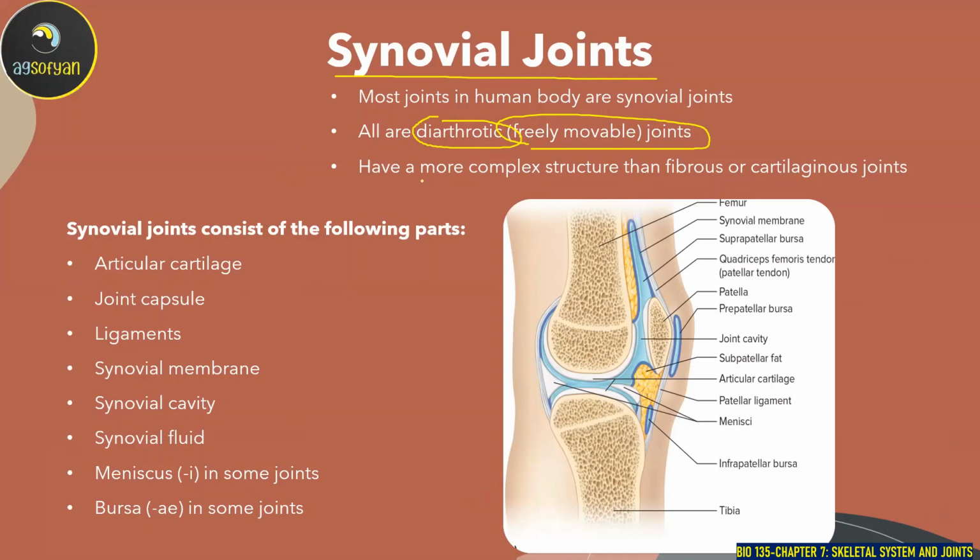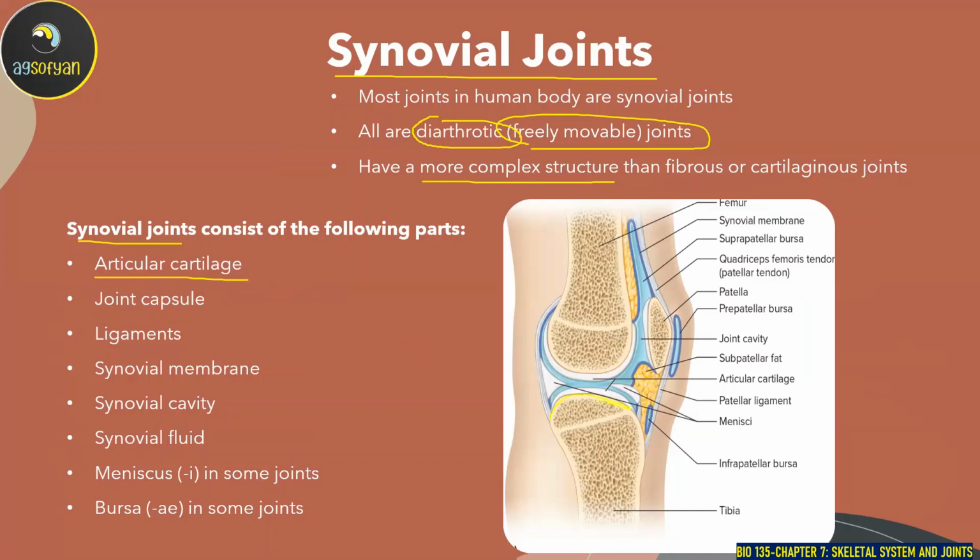It has a complex structure, and it also has additional structures that make this joint stronger. There are several components of the synovial joint. The first one is an area of the bone called the articular cartilage, usually located at the end of the bone.